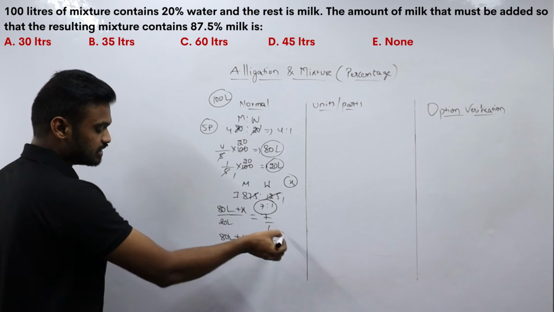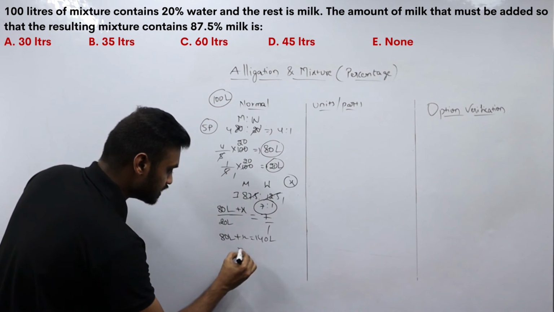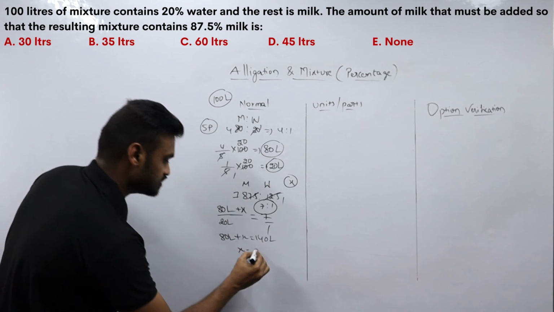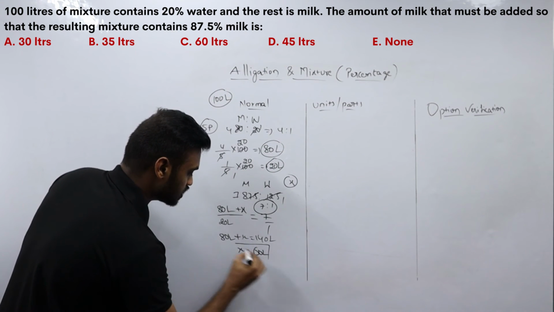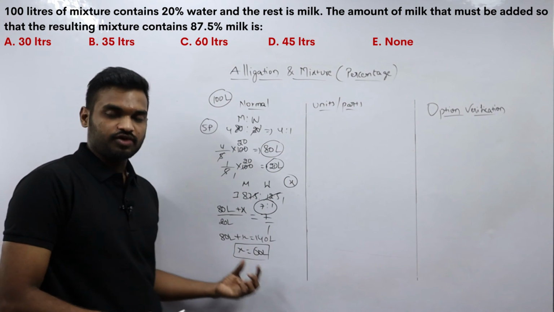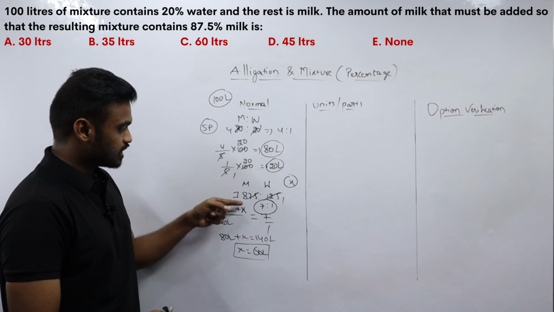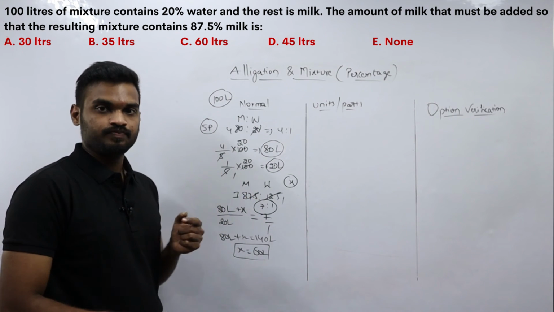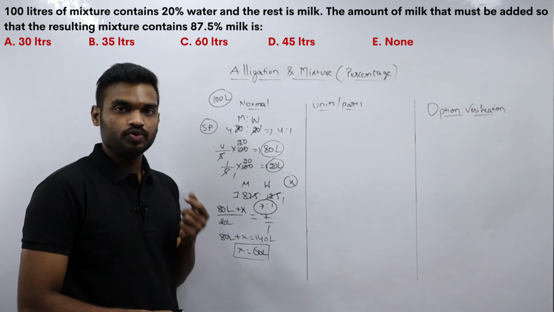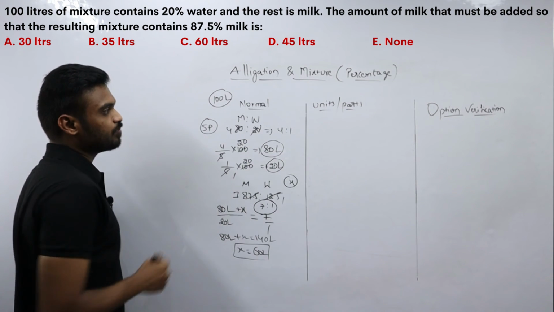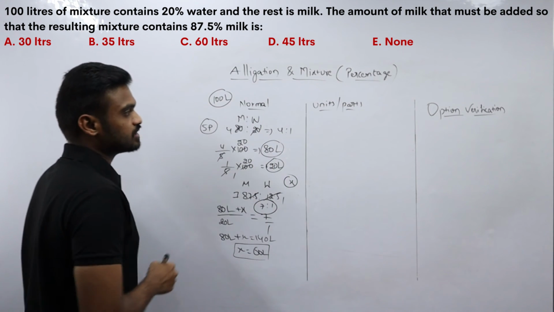So if I send this 80 liters to the right hand side, I will get X equal to 140 minus 80, that is 60 liters of milk. So 60 liters of milk needs to be added to the initial mixture such that the final quantity becomes 87.5%. Okay. Now let's see how to solve the same problem using this units or parts method.